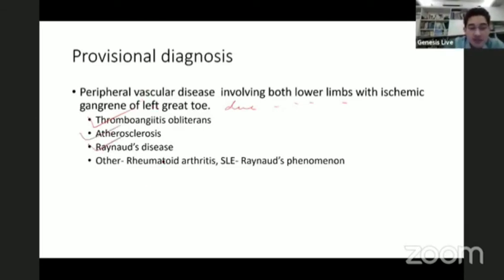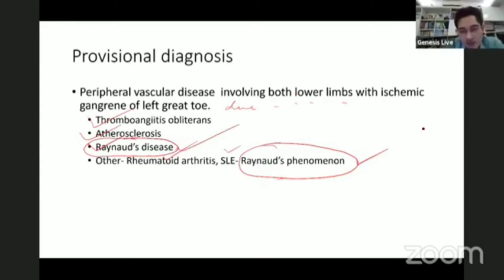Other diseases may be present as well, right? Rheumatoid arthritis, SLE, in which case it would be Raynaud's phenomenon. What is the difference between Raynaud's disease and Raynaud's phenomenon?